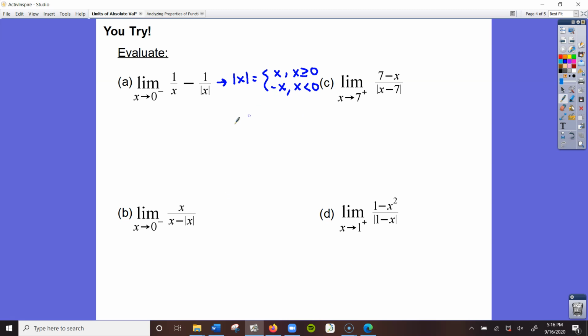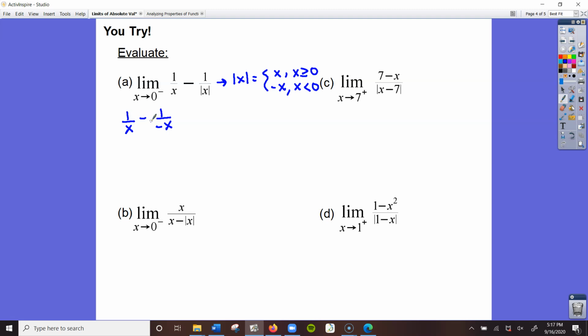And now I can go ahead and plug in the particular piece that I am looking for this particular limit. So we're going to go ahead and work this out. We have 1 over x minus 1 over, now this is as x is approaching 0 from the left. So since this is from the left, that x is less than 0, I'm going to go ahead and replace that denominator, which has the absolute value, with negative x.